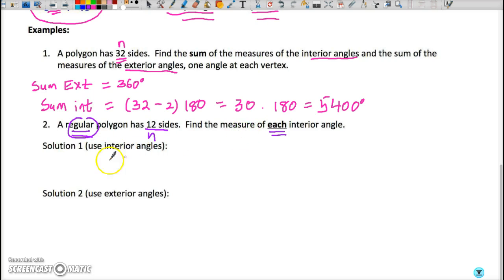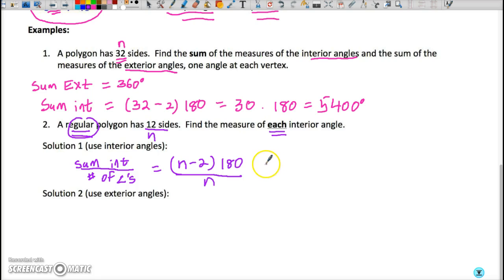So using the interior angle formula, essentially what we're going to do is find the sum of the interior angles, and then divide by the number of angles. Let's write that, which gives us the following formula: (n minus 2) times 180 gives us the sum of the interior angles, and then we divide by n for the number of interior angles.